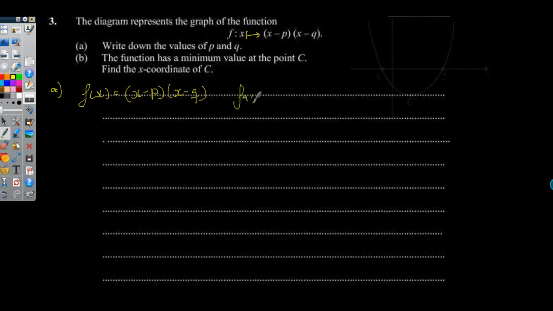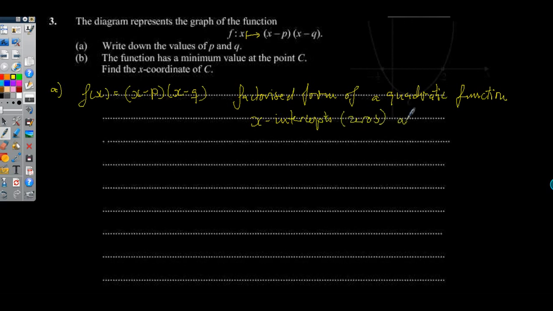We call this the factorized form of a quadratic function. And in this factorized form, we can tell the x-intercepts, the zeros, we can tell that they're at p and q.